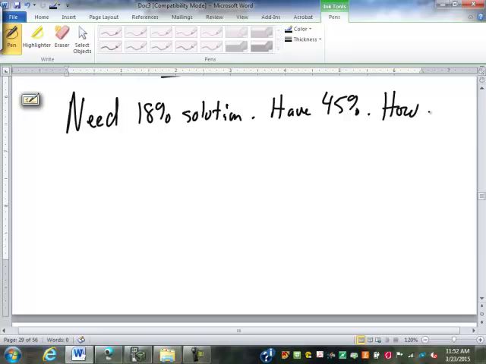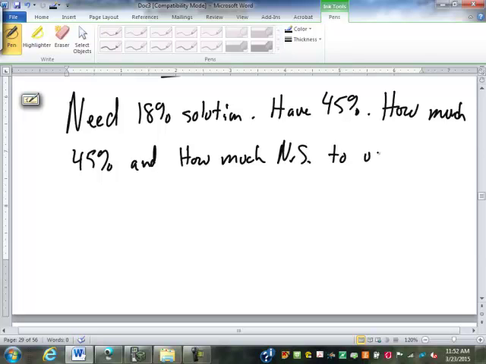Well, let's say how much 45% and how much water to use to create 720 milliliters of the 18%.